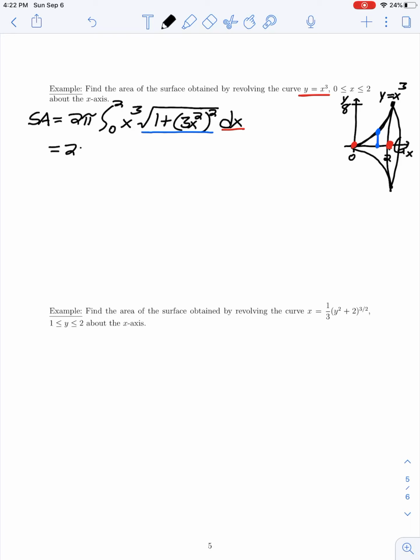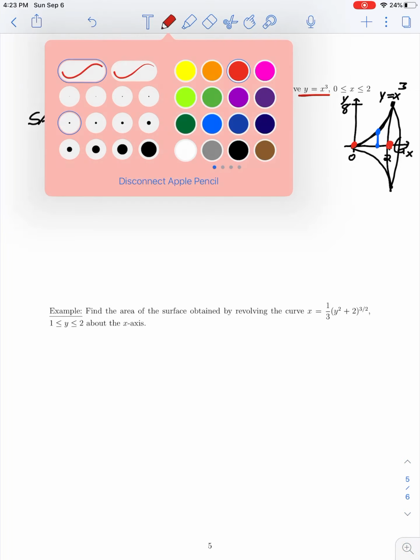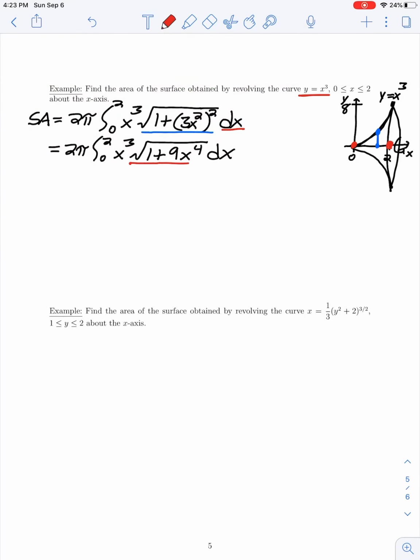So here we have 2 pi times the integral from 0 to 2 of x cubed times the square root of 1 plus, squaring this term, we have 9x to the 4th dx. And that's as far as we can simplify. So our next step here, since we see that our integrand involves a composite function, would be to try a substitution.